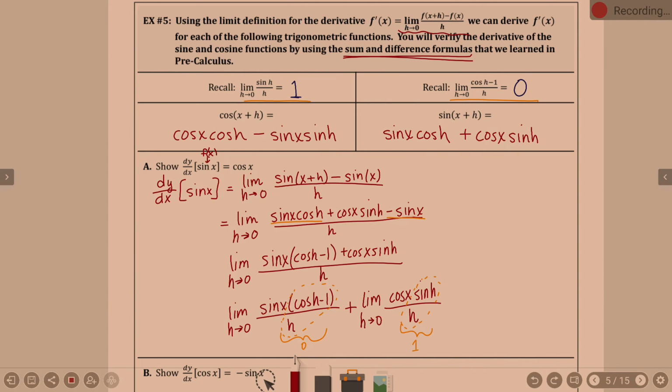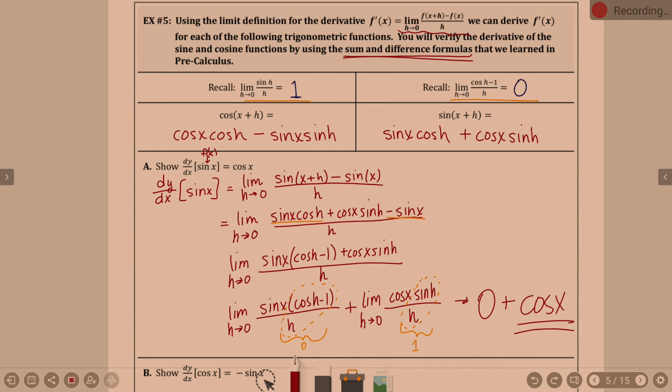This first piece is gone and is 0, plus this other piece, the one part is 1, but then it's the limit as h approaches 0 of cosine x. Well, there's no h to plug into, so it's just going to be cosine x. And there we have our cosine x.